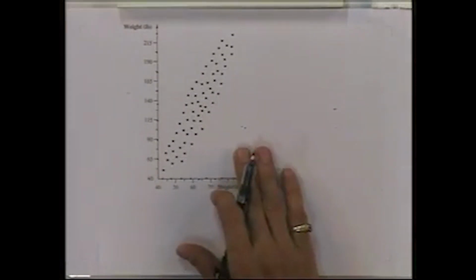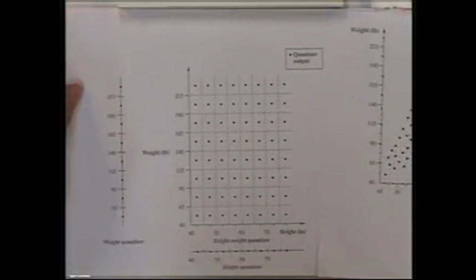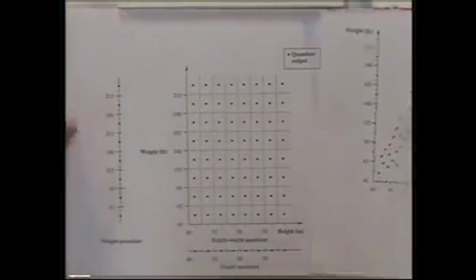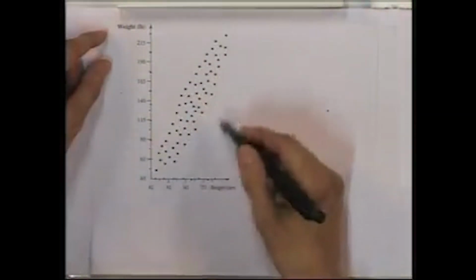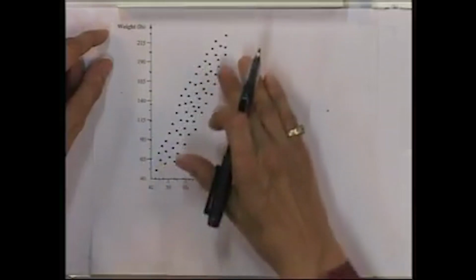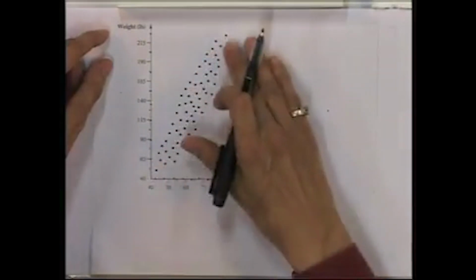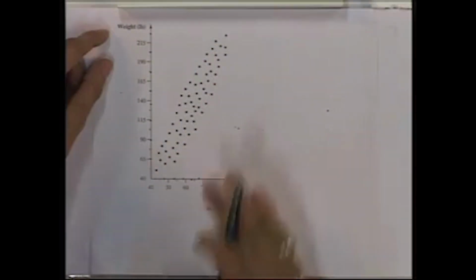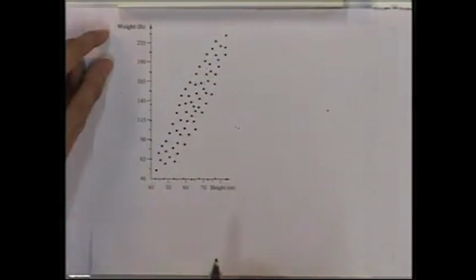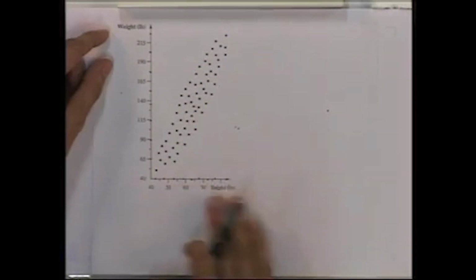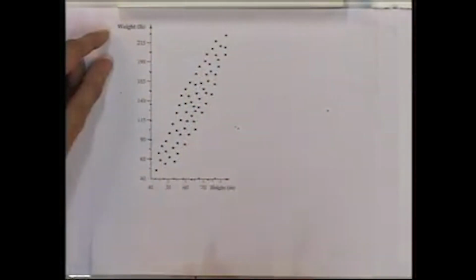This quantizer has exactly the same number of output points as the quantizer shown earlier. The difference between this and this is that in this case the output points are clustered in the region occupied by the input. Now, using this quantization strategy, it is no more possible to quantize the height and weight individually.